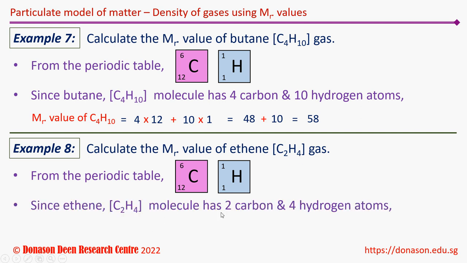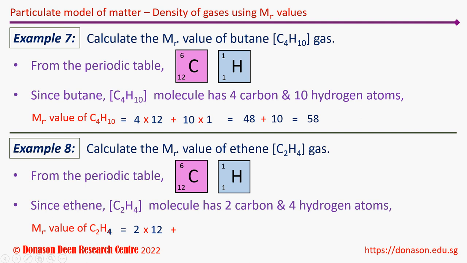So since an ethene molecule has 2 carbon atoms and 4 hydrogen atoms, its Mr value would be 2 carbon atoms, and each carbon atom has a relative atomic mass of 12. So twice 12, and we're going to add it to 4 hydrogen atoms.